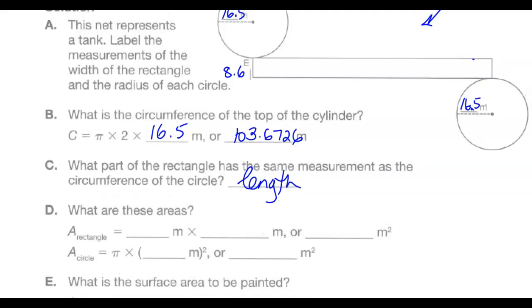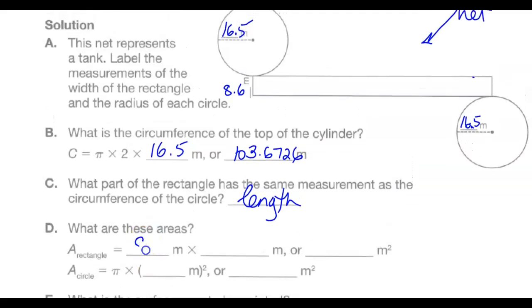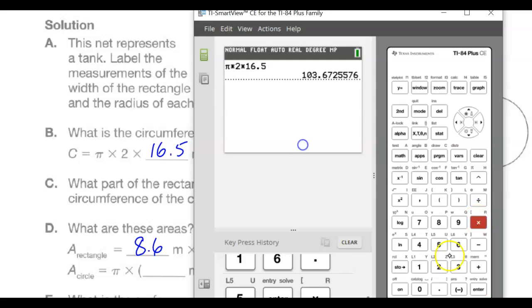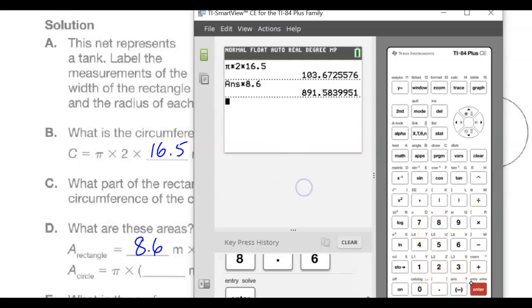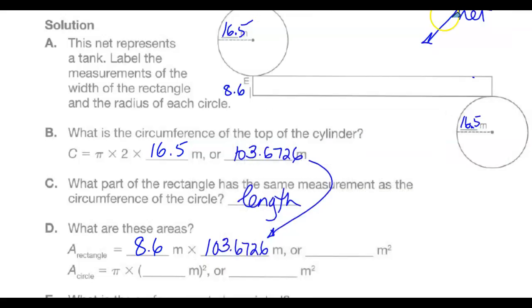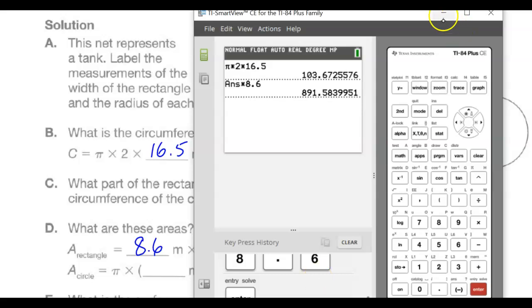Okay. What are these areas? The area of the rectangle is 8.6 times the length, which we calculated here. In our calculator, we still have that value. Just press times 8.6. 891.584.